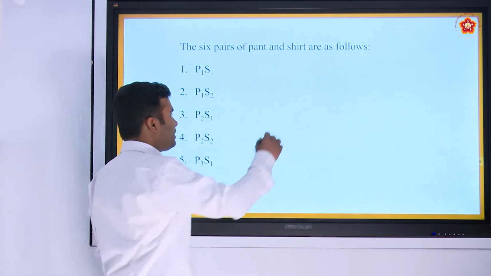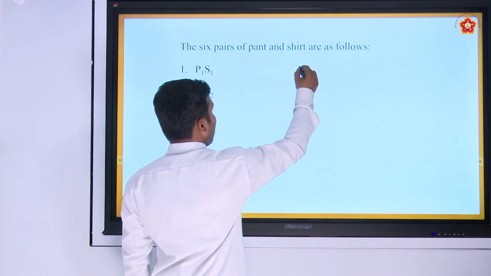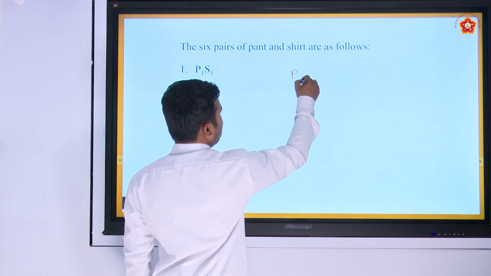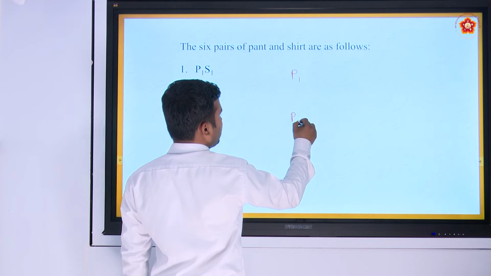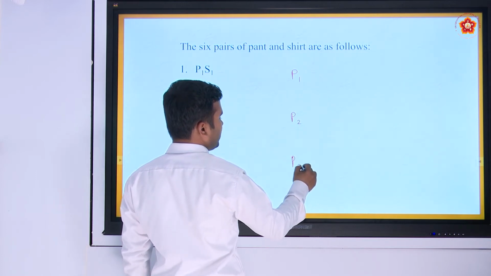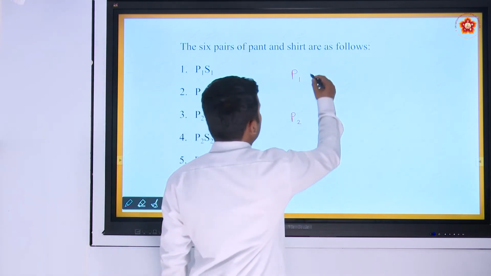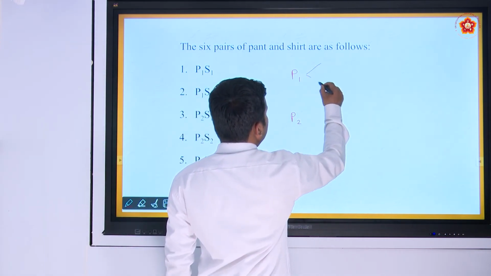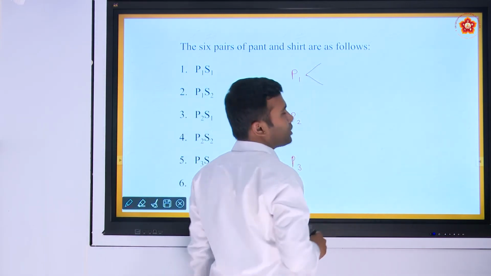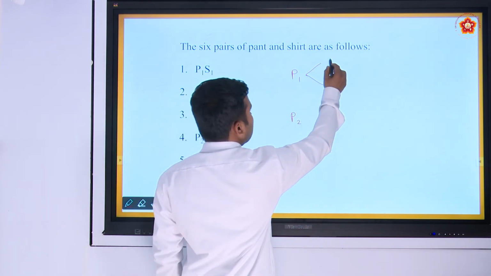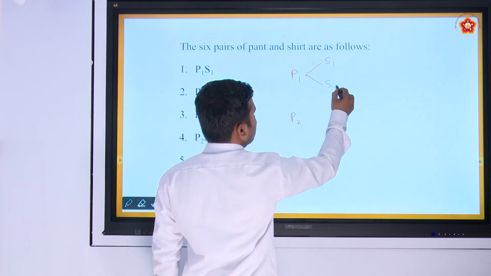See, there are 3 pants, say P1, P2 and P3. For each pant there are 2 shirts, since we have only 2 shirts, say S1, S2.